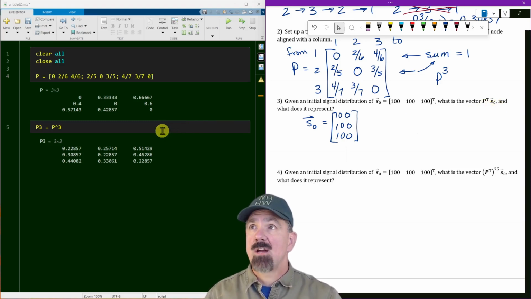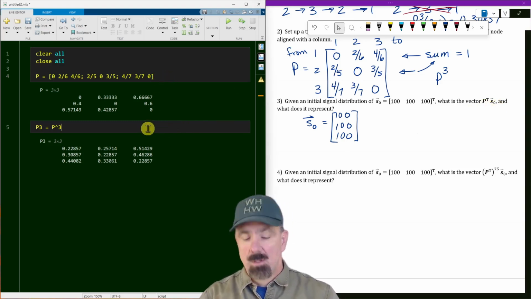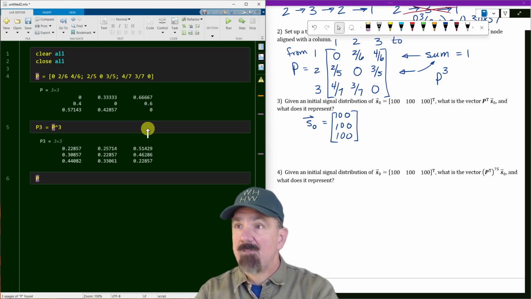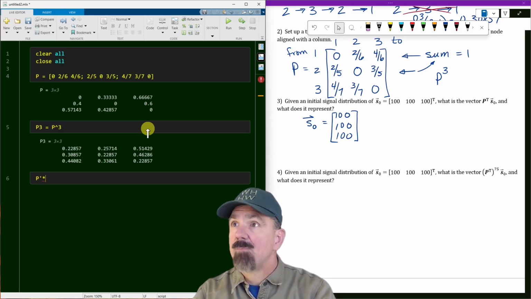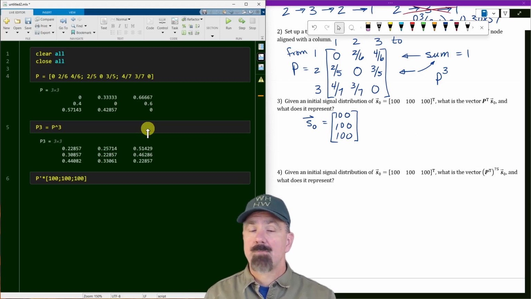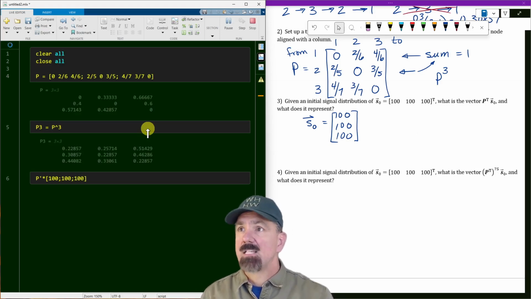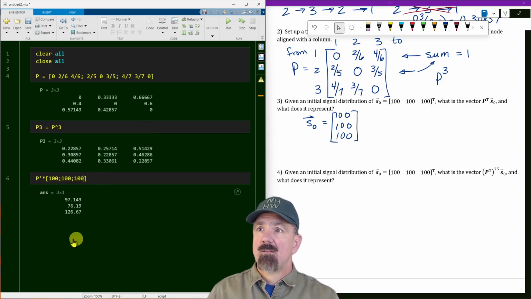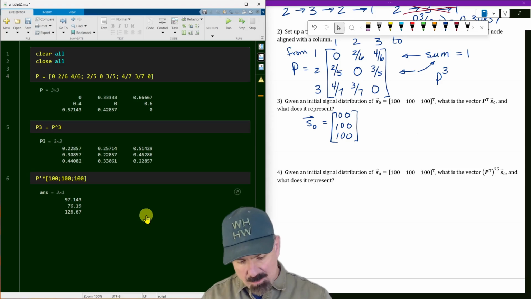So we just do that calculation straight out here. Enter this in. So I'm going to have p transpose times my s naught, which is 100, 100, 100. Executing, and I have this answer here, which I can just write down.